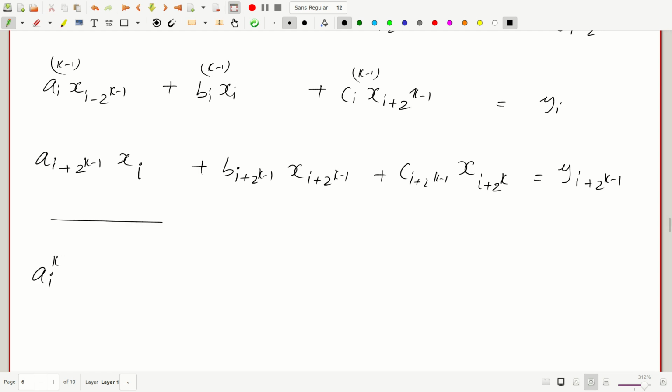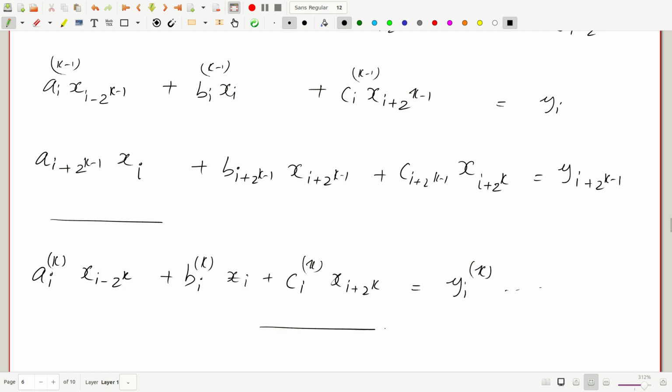You would get a_i^k x_{i-2^k} plus b_i^k x_i plus c_i^k x_{i+2^k} equals y_i^k. Okay, you see the resemblance. So this is the kth step after applying the kth step equation, right?